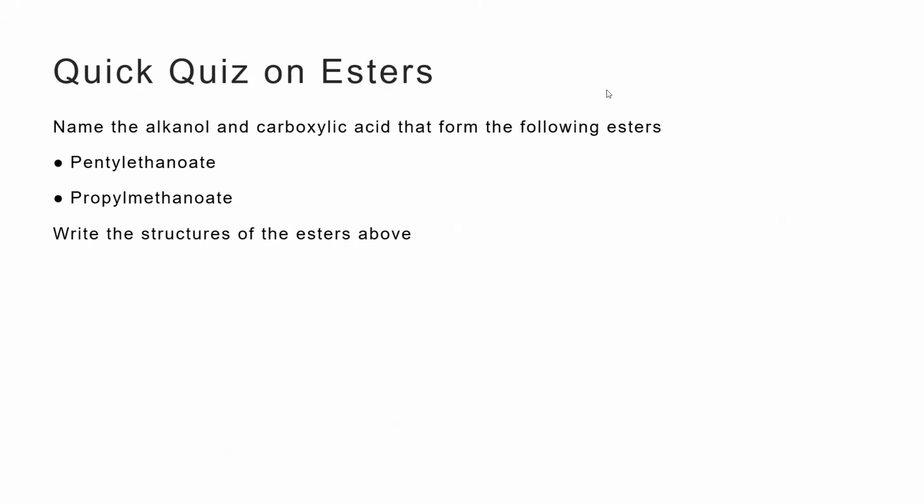All right, without wasting time, let us learn how to do this real quick before we forge ahead. When we have an ester, to tell the carboxylic acid and alkanol that form the ester, we look at the parts of the name. The first part of the name tells you the alkanol.